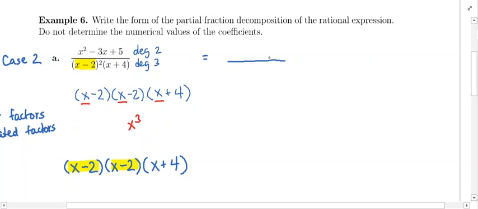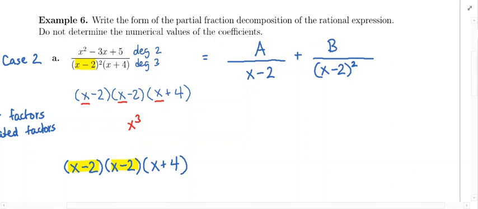The first fraction will have a denominator of x minus 2 to the first power, and then when we tack on the next fraction, it will have x minus 2 raised to the second power. Both of these denominators have the factor x minus 2, which is linear, so the numerator has to be a degree less. So the numerators here both need to be degree 0. They're just numbers. So we're going to put an A here and a B here.